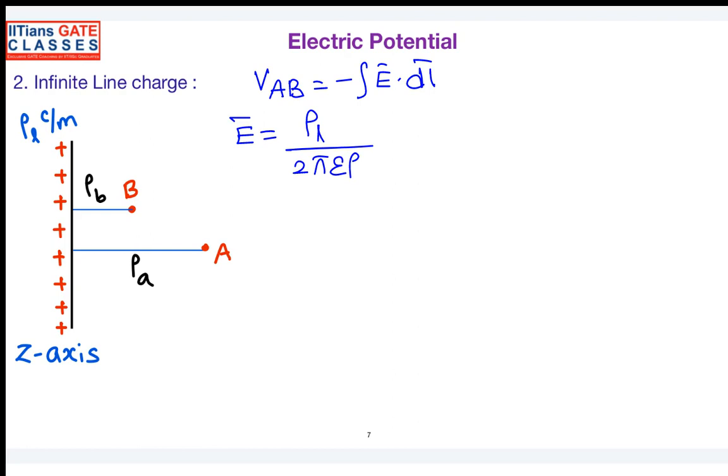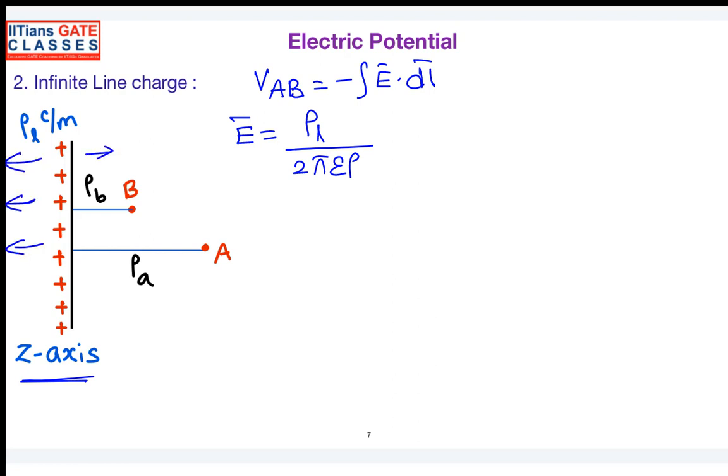The moment the line charge is located along the z-axis, what will be the direction of electric field? Rho. Correct, because electric field is always radially away from the source. So when you are moving radially away from the source, you are moving in the direction of rho.